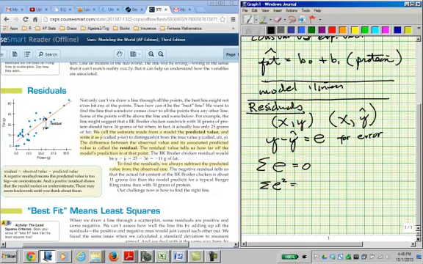Now, the line of best fit is the line in which the squared residuals is the smallest. Now that would make sense. Take a look at this line here. This is the line of best fit. You've got some points above it and some below. But the main thing is that this line creates a set of residuals whose squared sum, you take the residuals, you square them, and you add them all up together, is the least possible number.